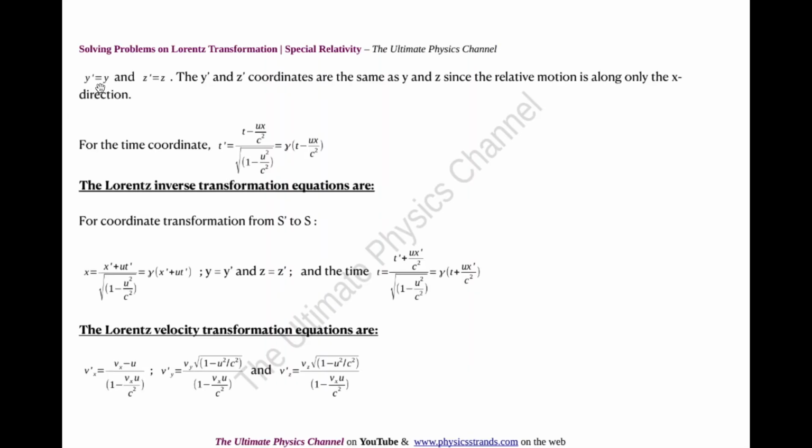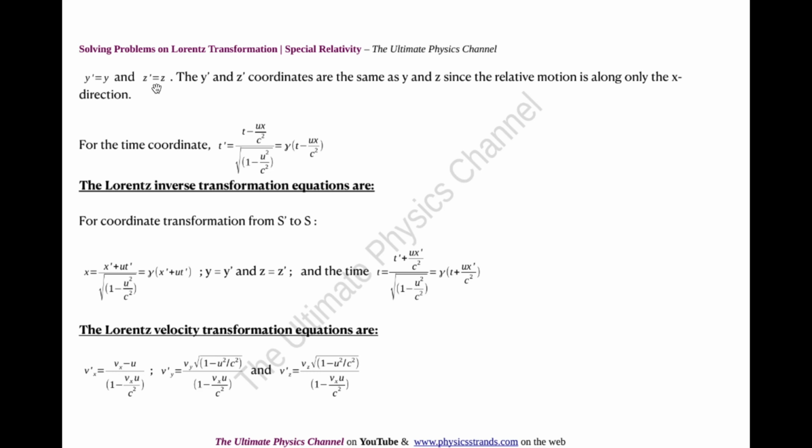Right, y prime is equal to y and z prime is equal to z. That is because these two coordinates do not undergo any transformation. The relative motion between S and S prime is along the common x direction between the two frames.